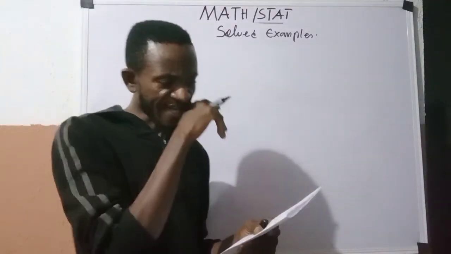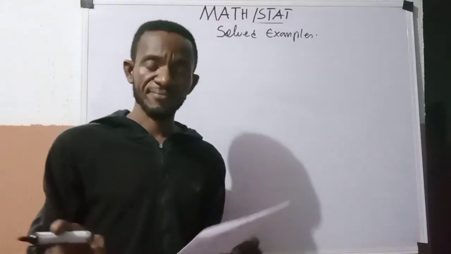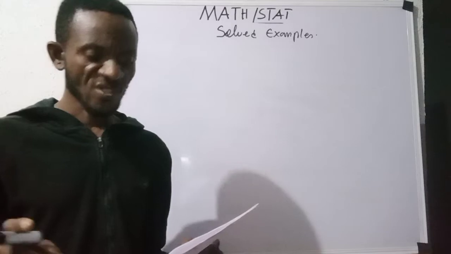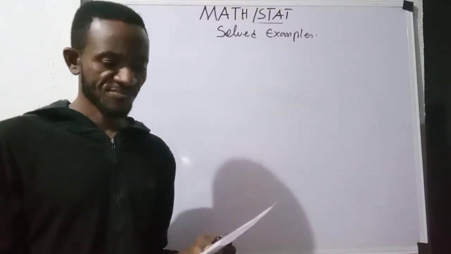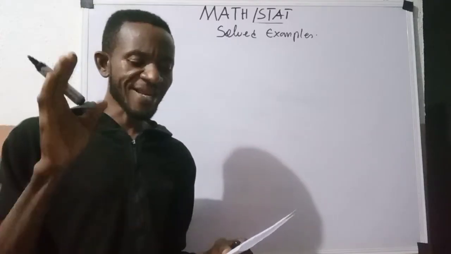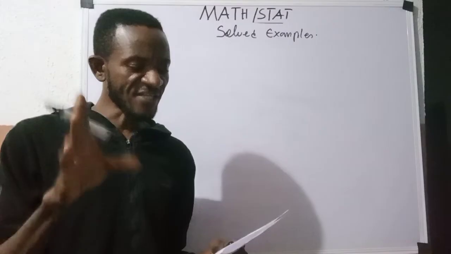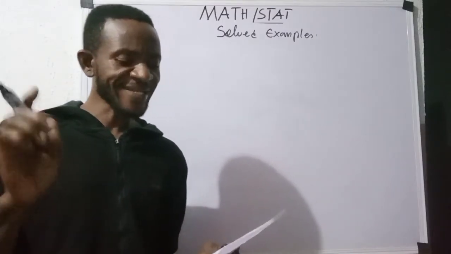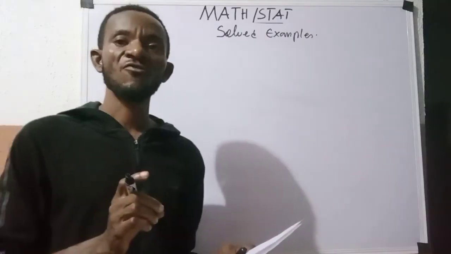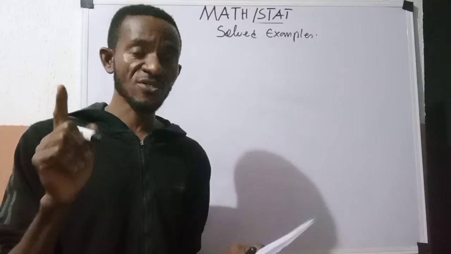The first question says, and I write, a manufacturing firm's light bulbs have a length of life that is normally distributed with standard deviation of 45 hours.